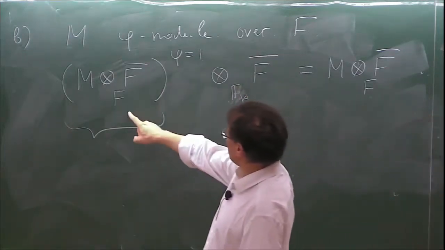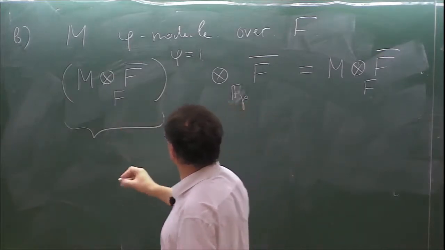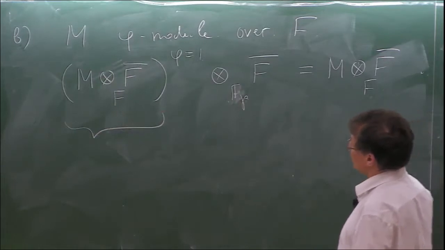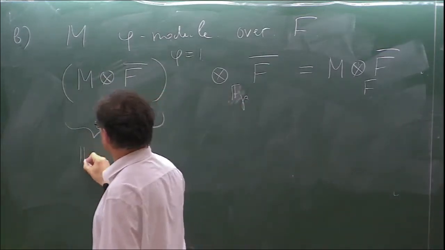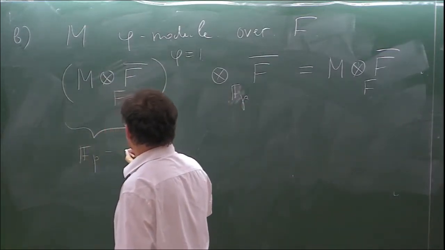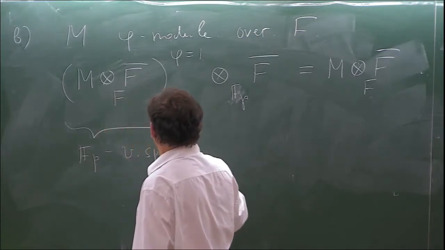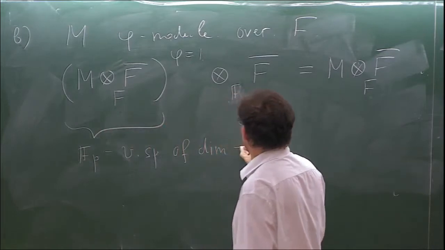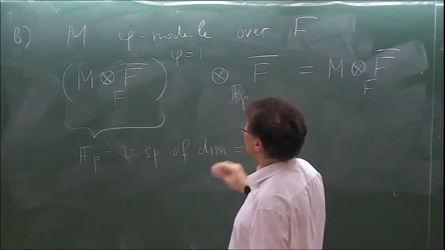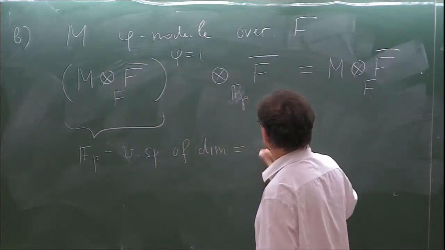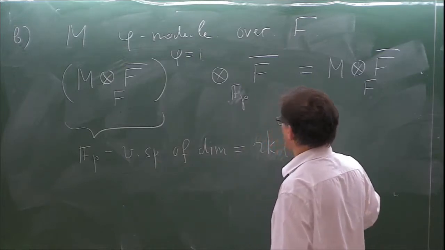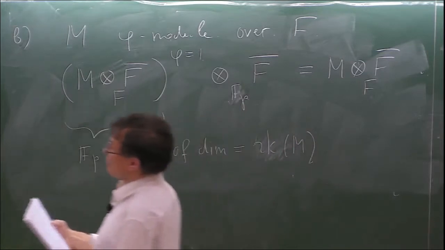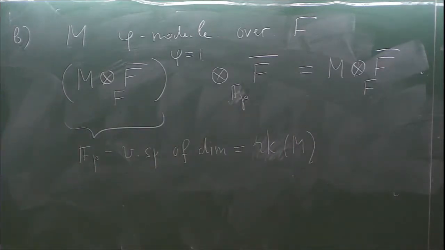So the key point is to show that this vector space of invariants is of dimension equal to the rank of M. And this follows from this property.